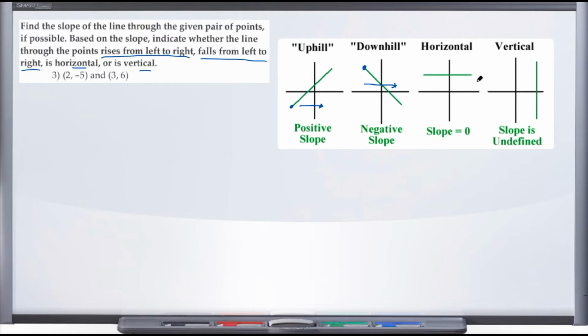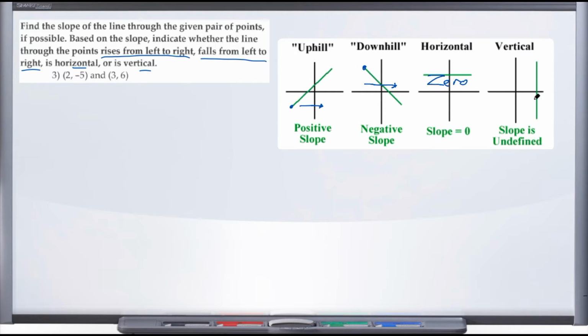An easy way to remember what kind of slope a horizontal line has is that you can make a z out of a horizontal line, a z for 0. Similarly, the vertical line has an undefined slope.